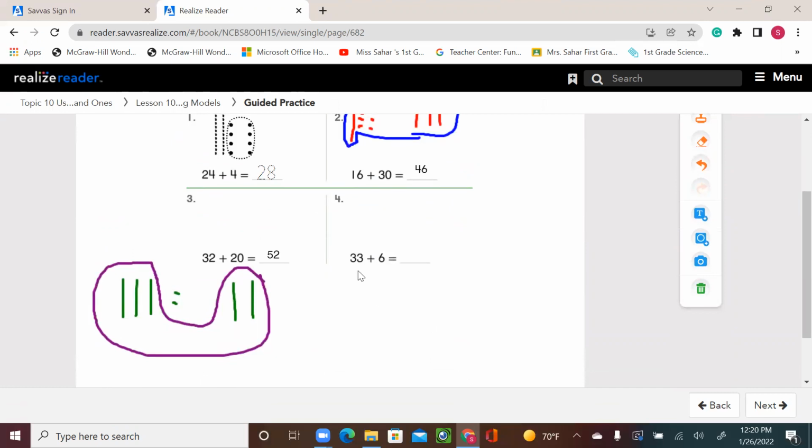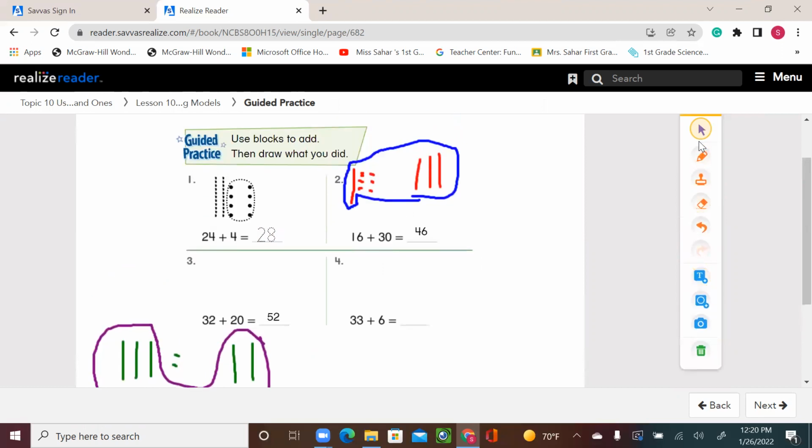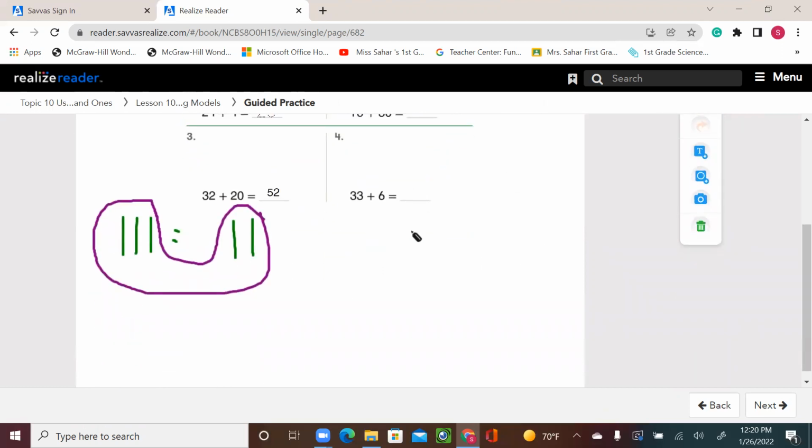Okay, number 4, 33 plus 6. 33 means 3 tens, 1, 2, 3, and 3 ones. 6, there's no tens, only ones. So 1, 2, 3, 4, 5, 6.